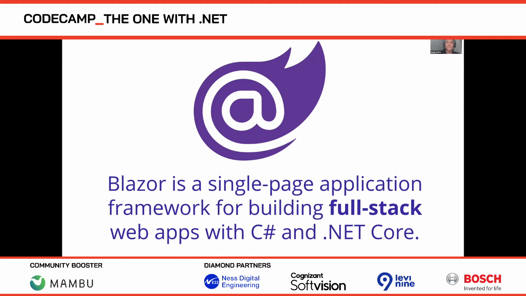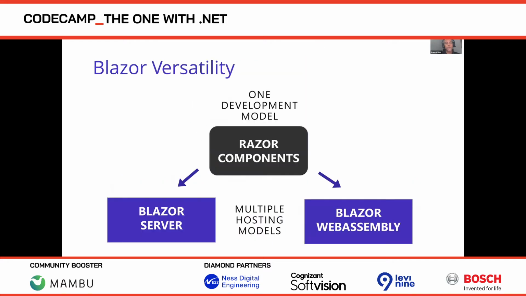But that experience means that you basically have to understand two very different sets of technology in order to build a web application. And what Blazor provides is a consistent set of technology, both on the front end and the back end, that you can utilize to build a single page application.